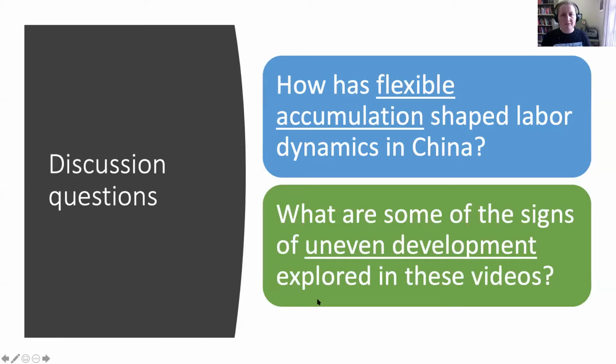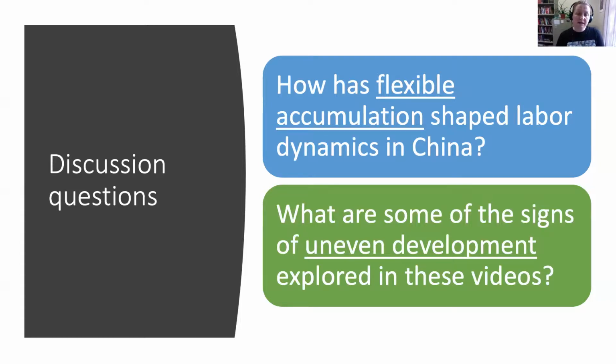Okay, so let me ask you a couple of questions about this video. So this was an example, as I mentioned, of an outsourced company in textiles. So it's an example of the flexible accumulation concept we've been talking about. So let me ask you the question: how has flexible accumulation shaped labor dynamics in China?